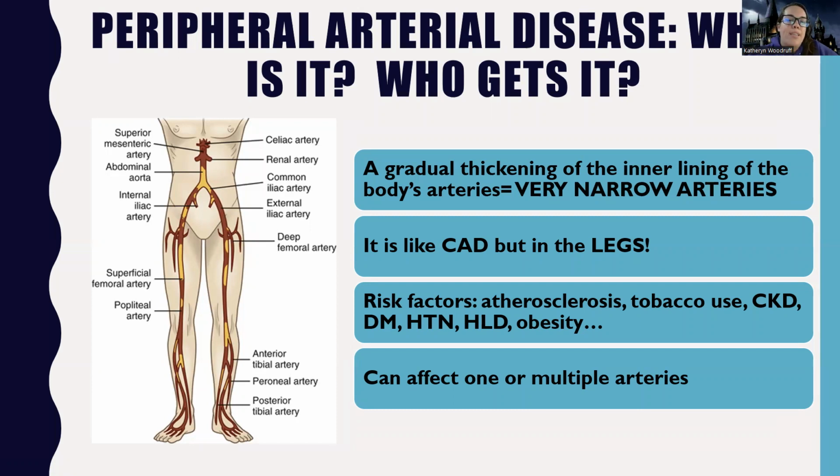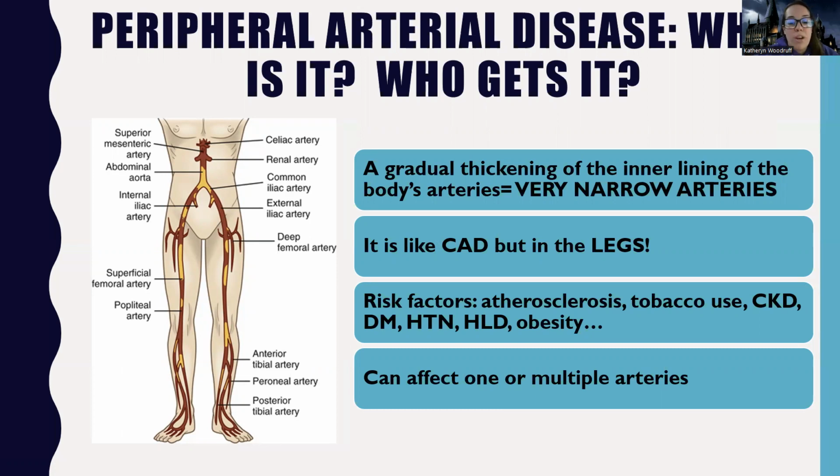PAD is just like coronary artery disease, but in the legs. What's happening here is there's a narrowing, and it can be because plaques are building up, which is one of the most common reasons. Everyone has plaques, but they build up eventually to where blood can't flow. But it can also be assaults or injury or breakdown of the arteries, which can be a result of tobacco use, kidney disease, hypertension, diabetes, all those things that hurt blood vessels.